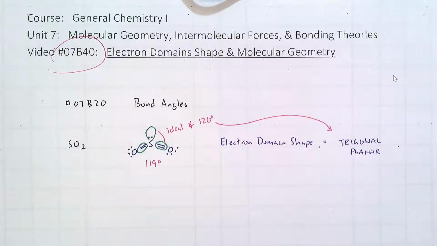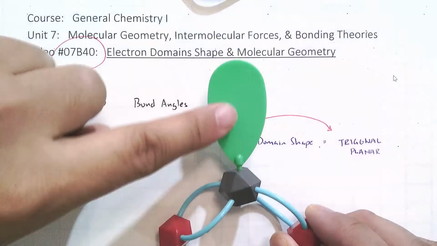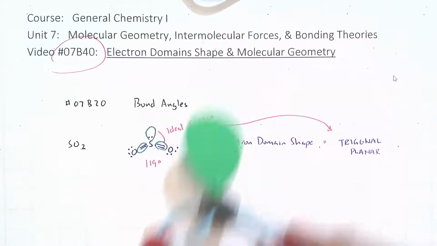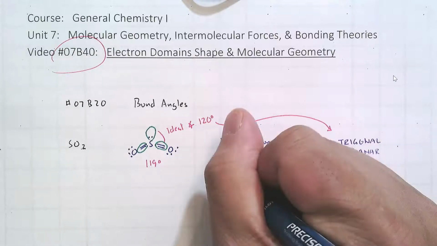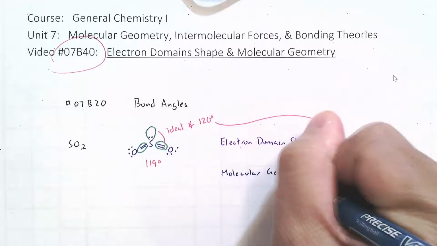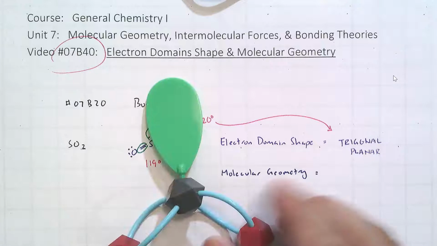Okay. Now, there's the model, and we're counting the lone pair as a balloon, the double bond as a balloon, and this double bond as a balloon as well. But the second type of shape that you have to be concerned about is called the molecular geometry. And the molecular geometry is only based on the atoms.